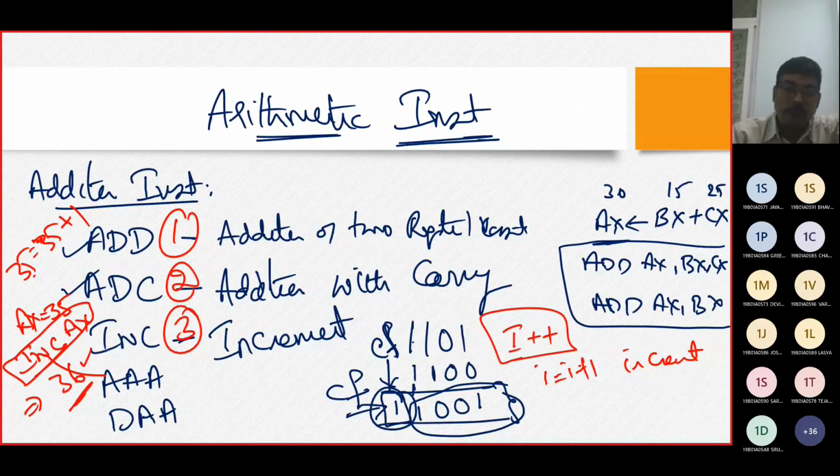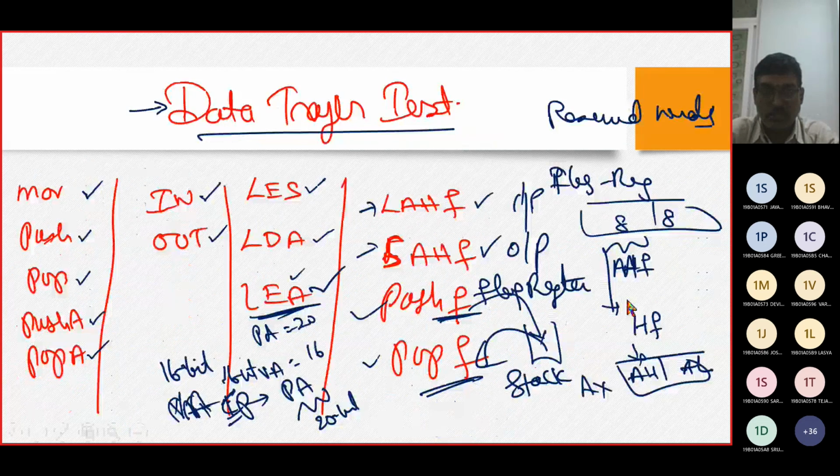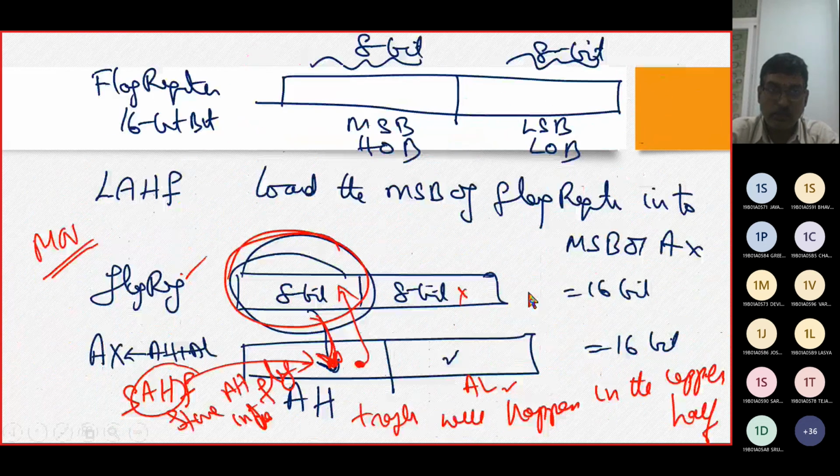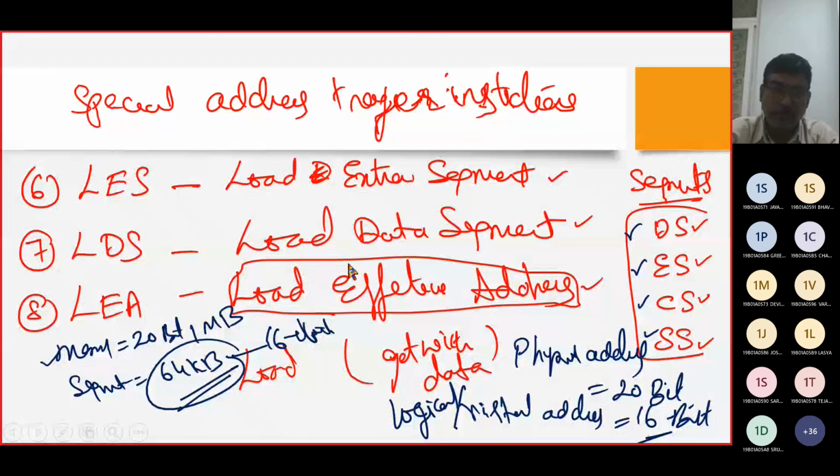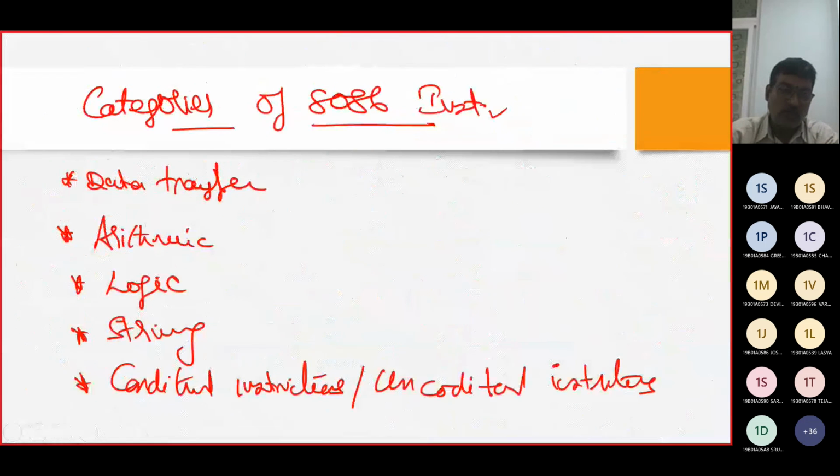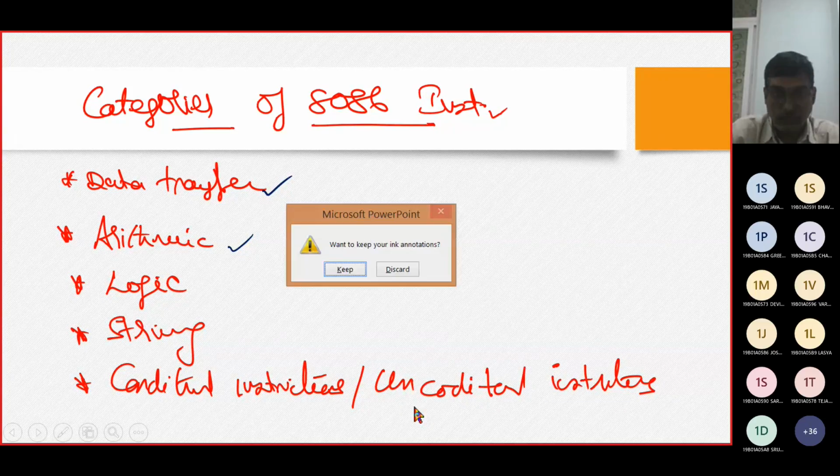So these are the different instruction sets treated for this 8086 microprocessor. We talked about two categories, data transfer and arithmetic. Still we have string, conditions, logical, etc., which we will discuss in our next lab.